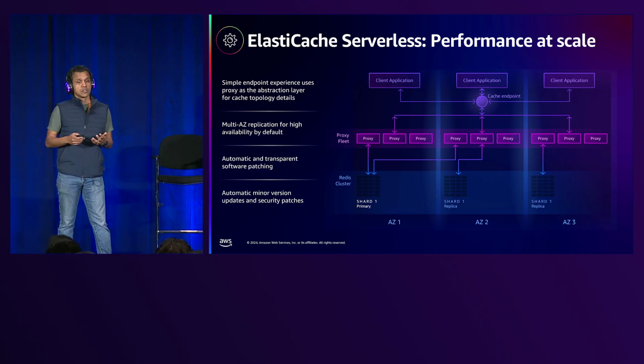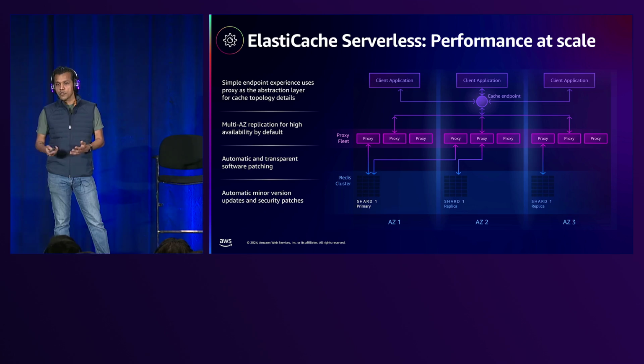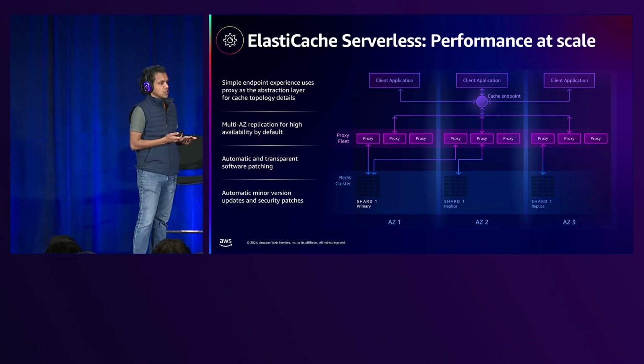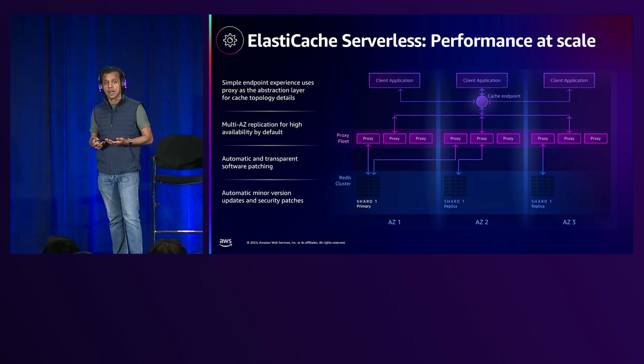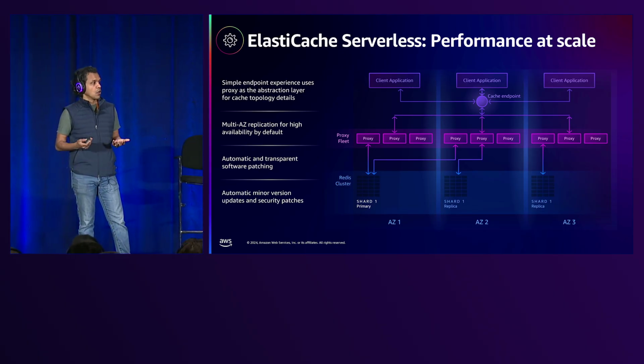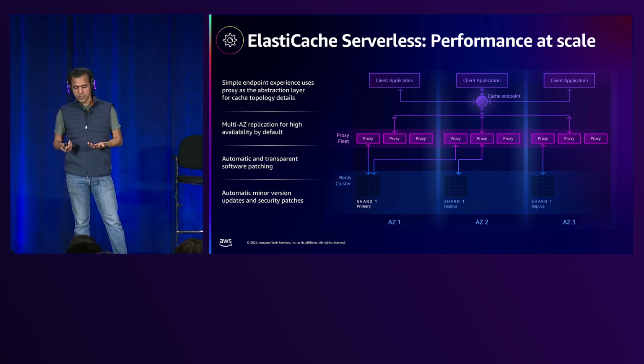So your applications, for example, don't get disconnected from your cache anytime the topology changes, because you're connected to the proxy node, and the proxy has intelligence to maintain connections to the cache nodes very quickly as they change. This also gives us the benefit to apply software patching automatically and transparently. We can apply and update all the minor and patch versions of the cache automatically, transparently, without any impact to your application.